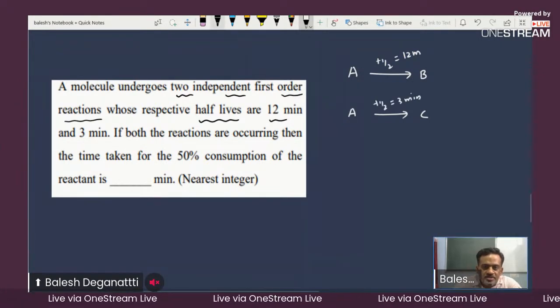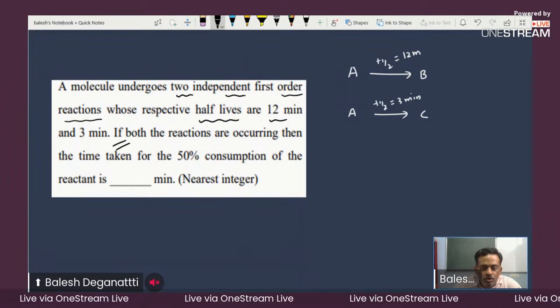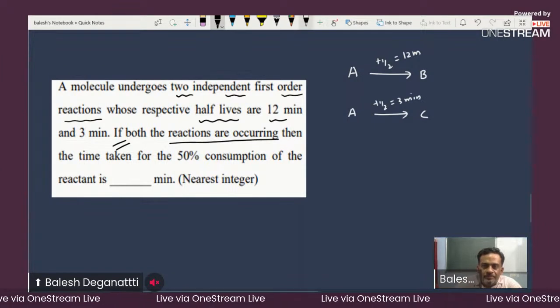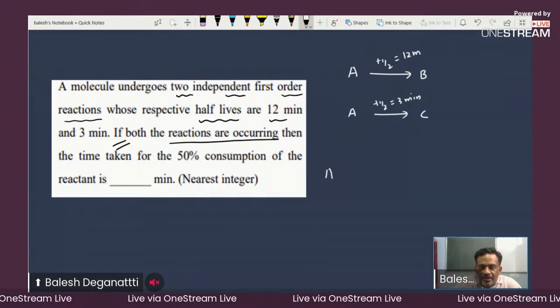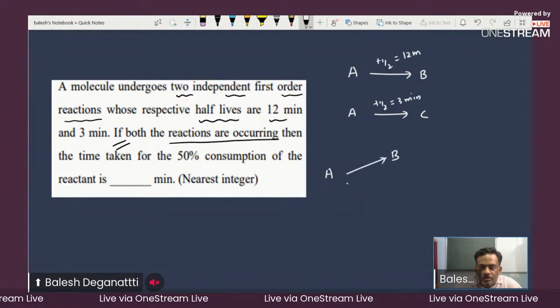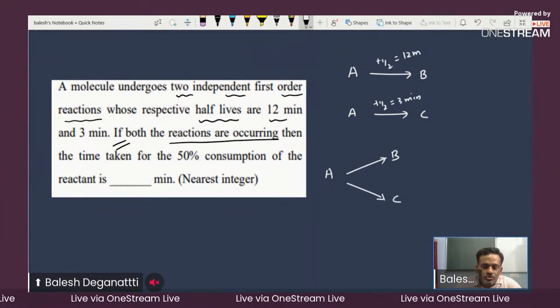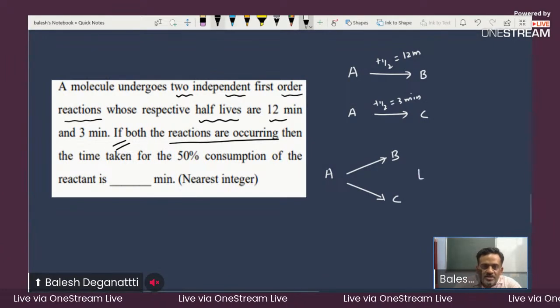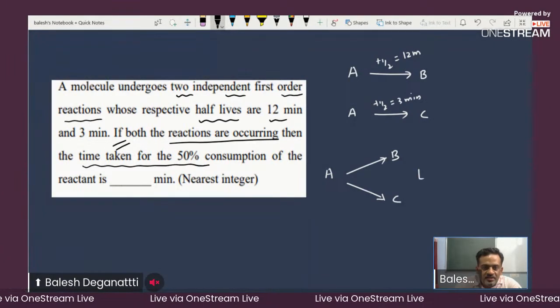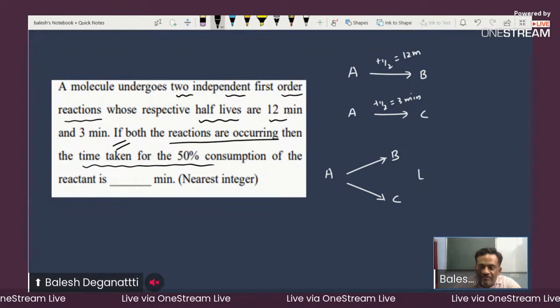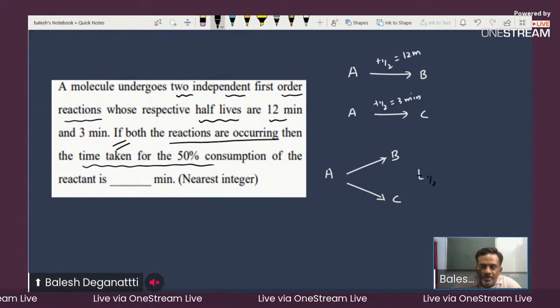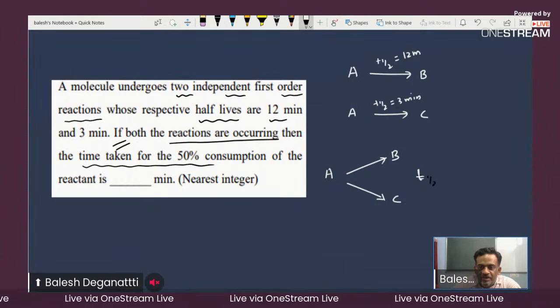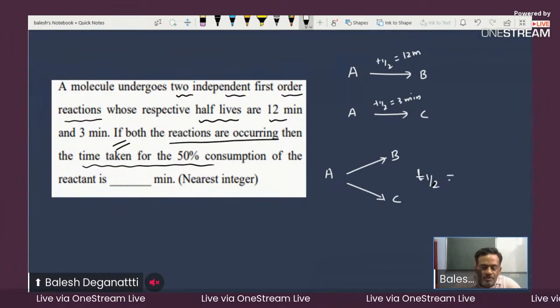Now the question is, if both reactions are occurring, so here I am having A where A is giving B also, A is giving C also, right? If both reactions are happening, then what is asked? The time taken for 50%, that means half-life period.